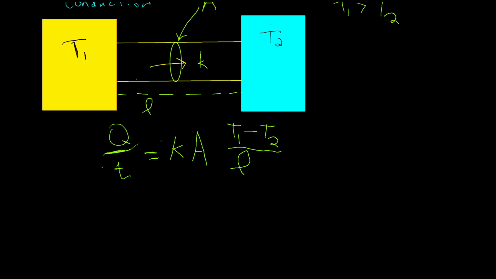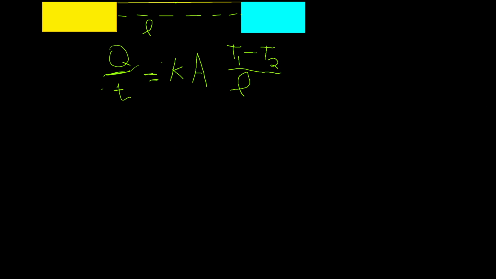So let's look at an example we can do here. Let's say we have a modern glass window, and in the middle of it we have an air gap. Let's see if I can get my air gap drawn here. And then that touches another window on the outside.